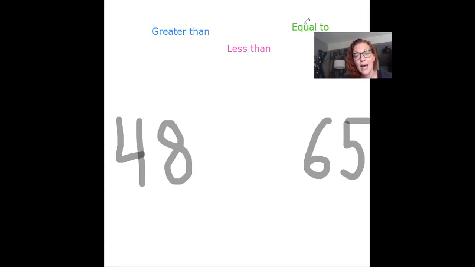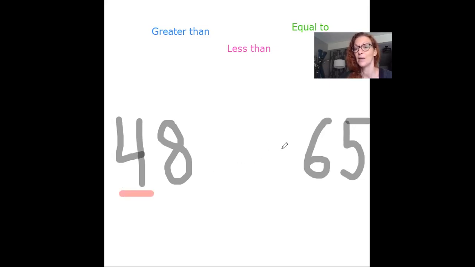All right, now that we have our two numbers, we have to compare them, right? So we have to look at the same spot. Now, what place in our place value do we have to look at first? The ones place or the tens place? The tens place. So which number's in the tens place, the 4 or the 8?